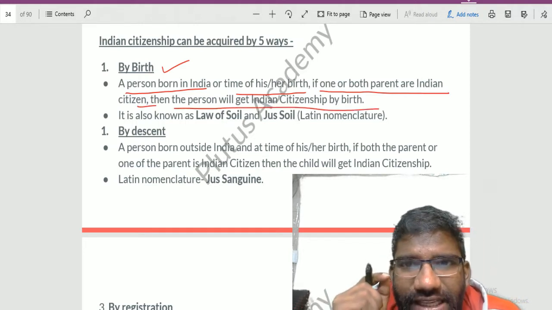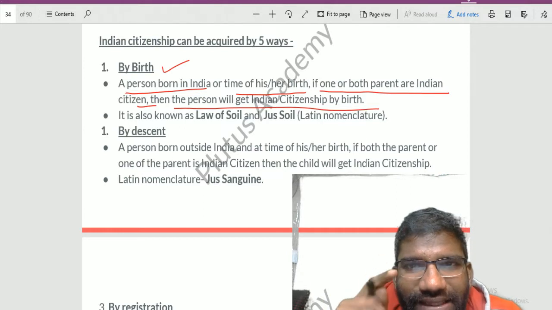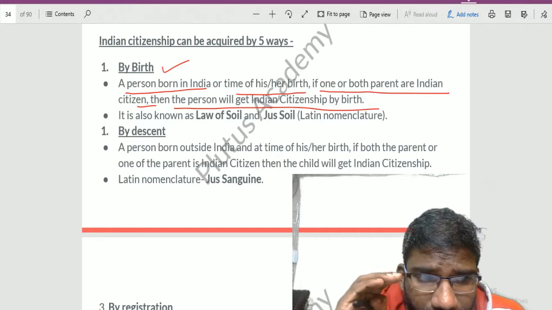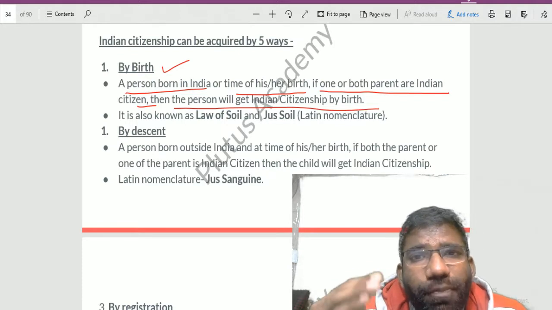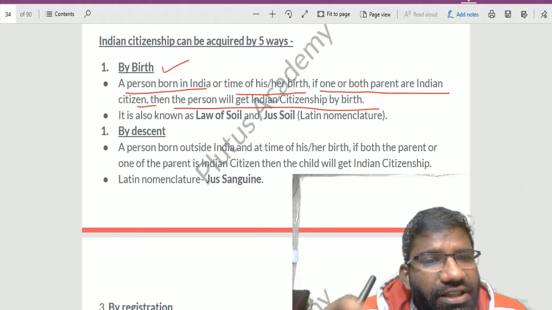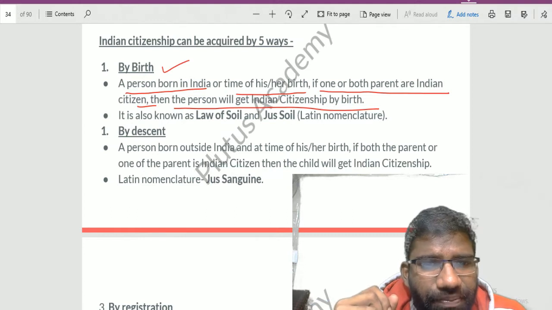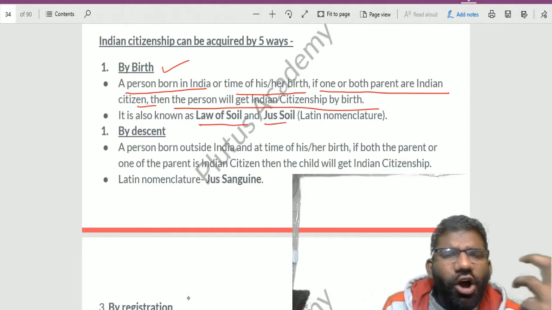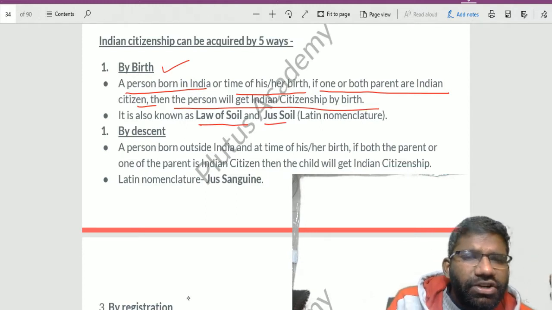If a person is born on the land of India and at the time of birth the person's father or mother is an Indian citizen, the person gets Indian citizenship. It is the law of soil, according to the law of the land.